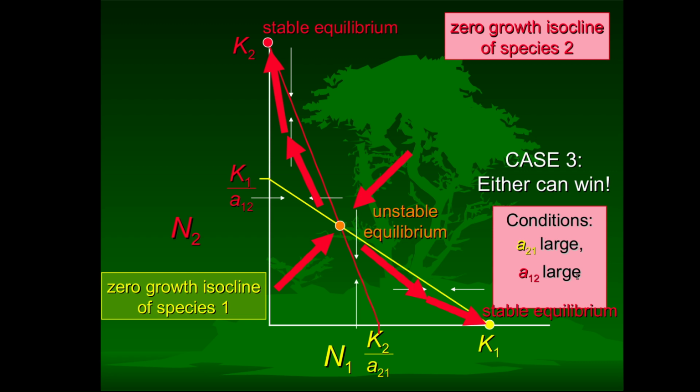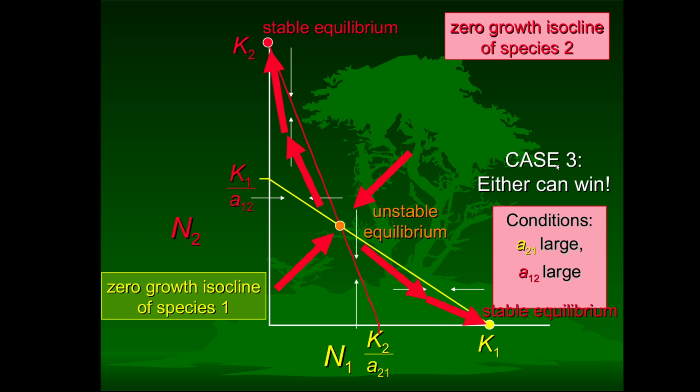It depends on how fast a population can increase and where the starting point is. If the starting point is near the shutout level of two, then two will win. If the starting point is near the shutout level of one, then species one will win. Or if one species is faster, then that species is likely to win.